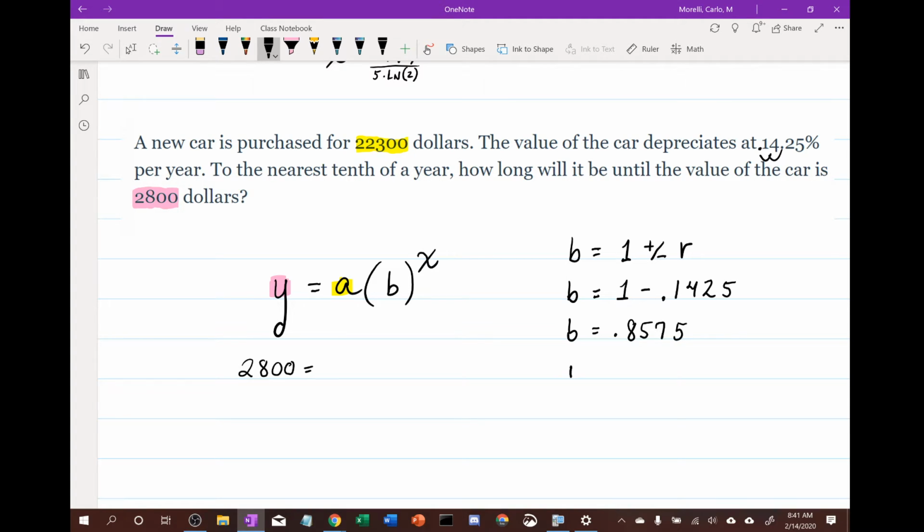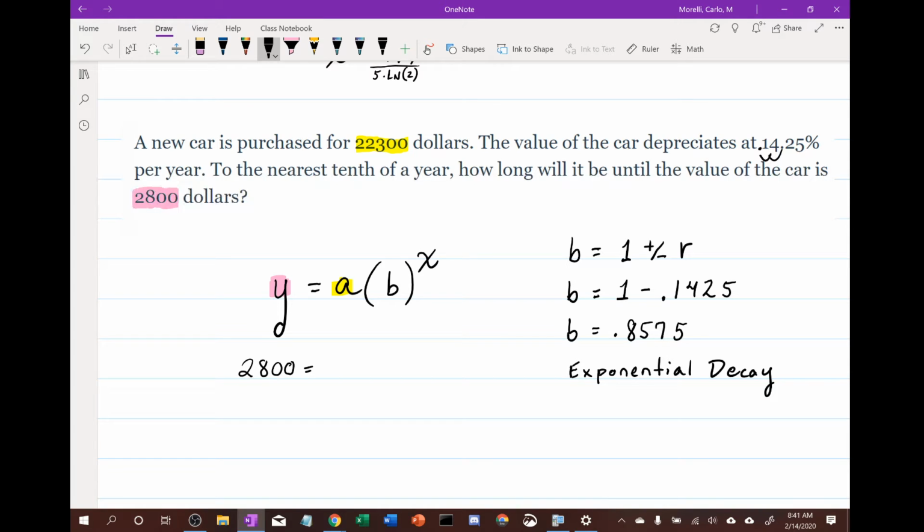This is an example of exponential decay because the value is going down. And the alternative would be growth. If that B is greater than 1, it's growth.